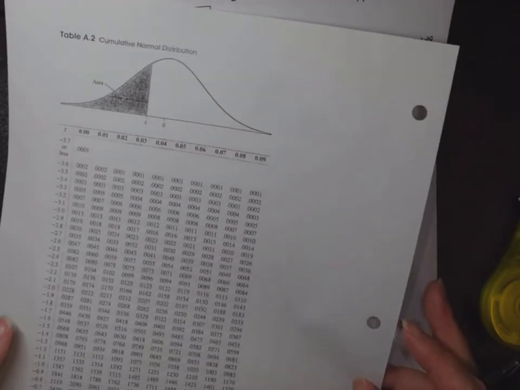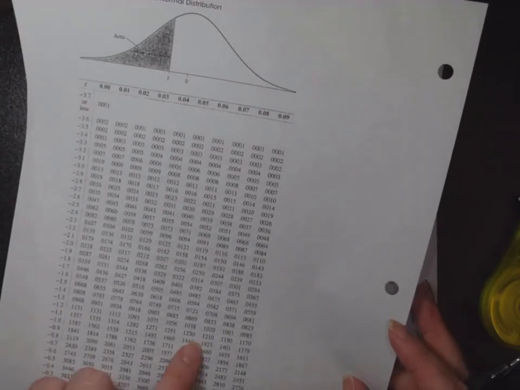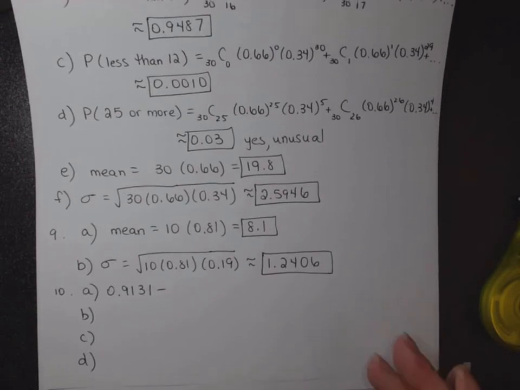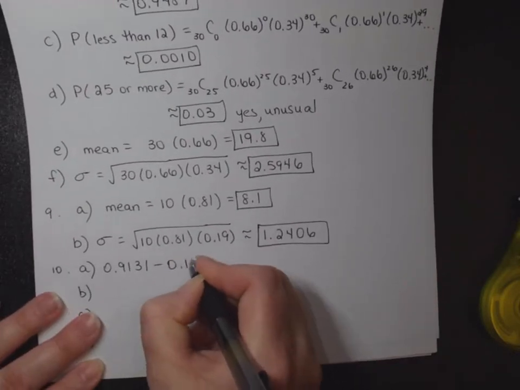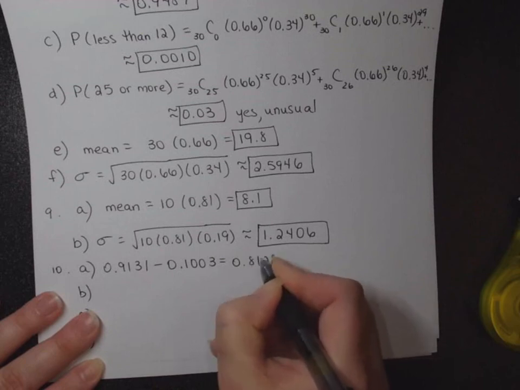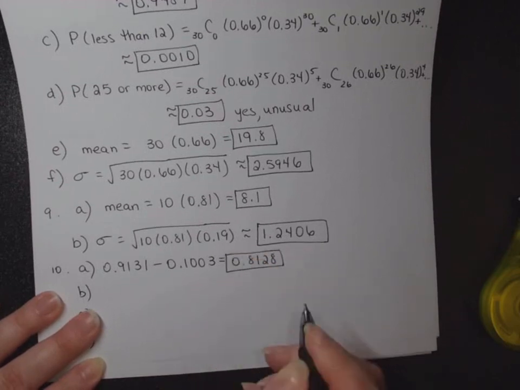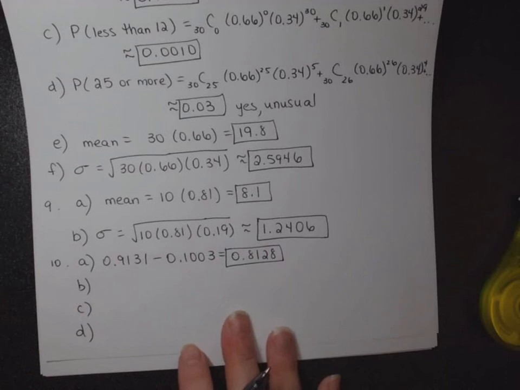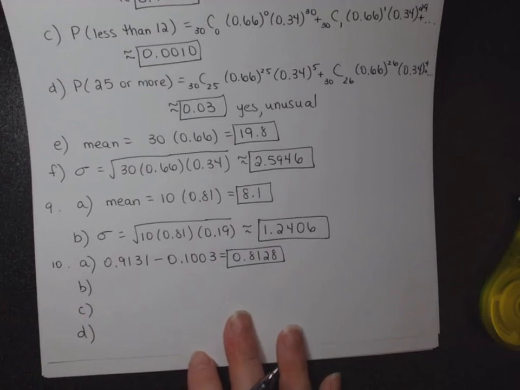So you have to turn the chart over. So negative 1.2, and then scroll over to negative 1.28. So it's 0.1003, for a difference of 81.28%.